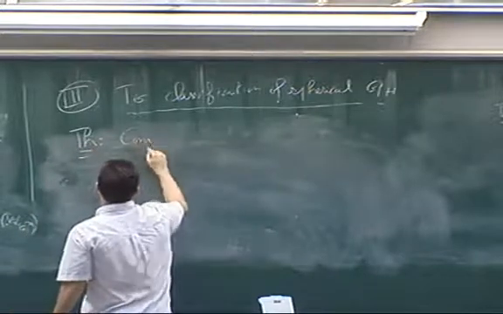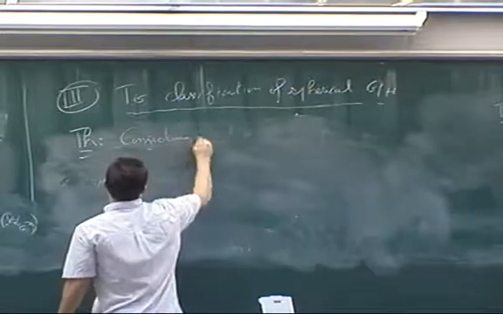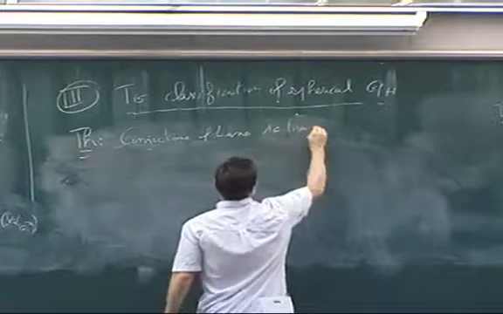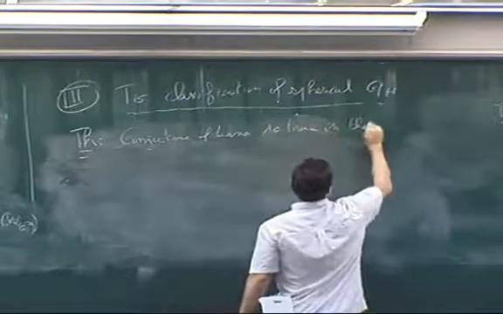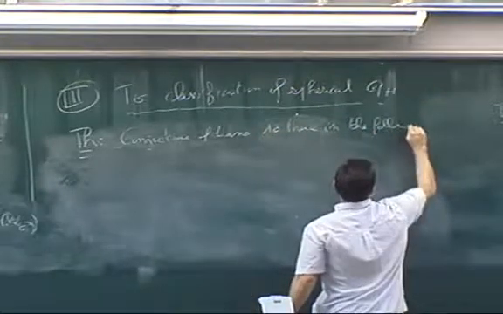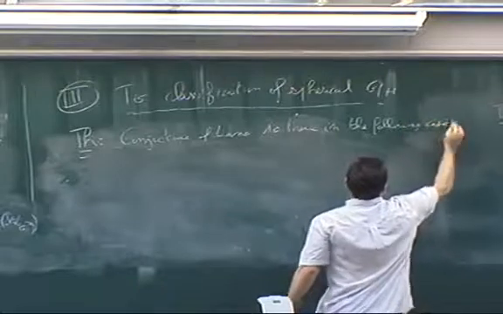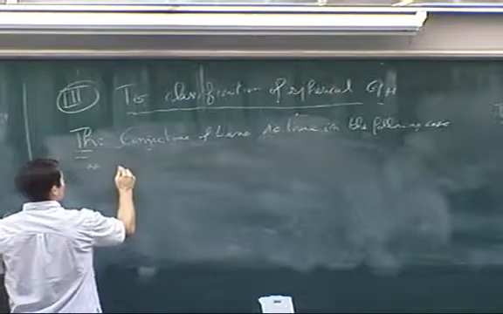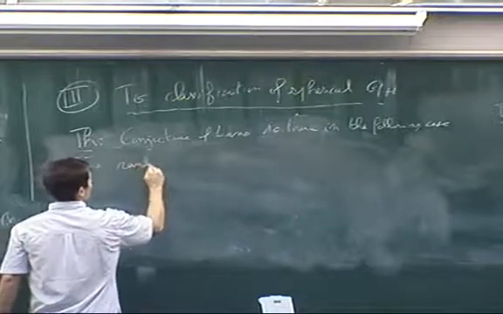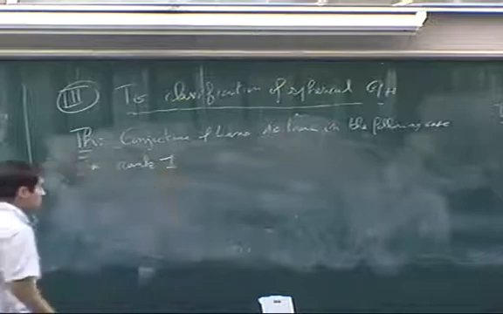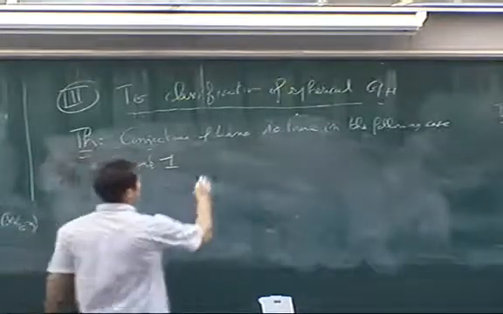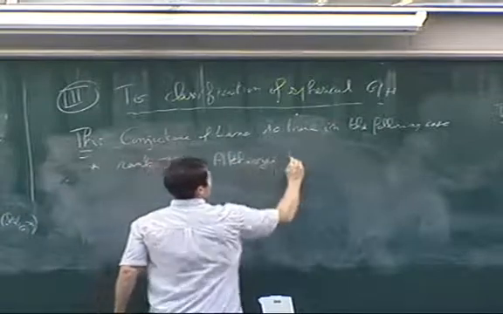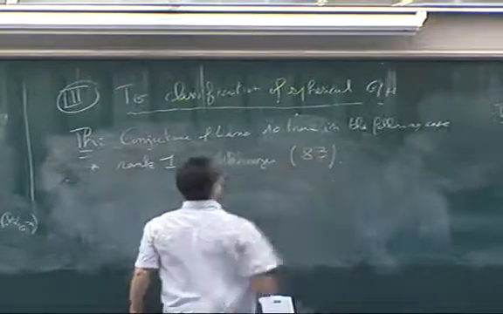The conjecture of Luna is true in the following cases. First, it's true for wonderful varieties of rank 1, and this is the result of Akhiezer in '83, I think.